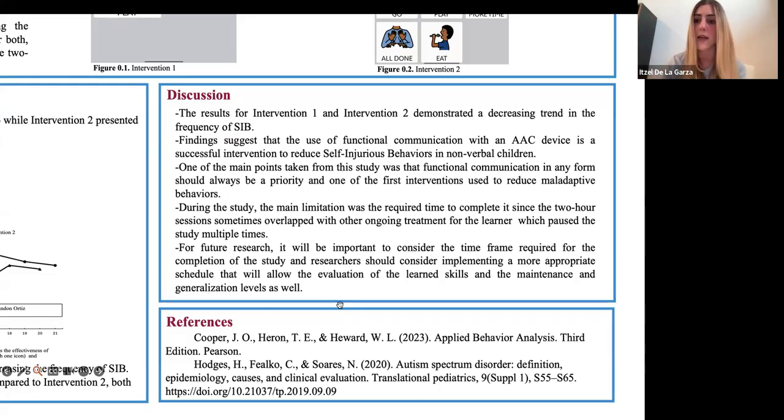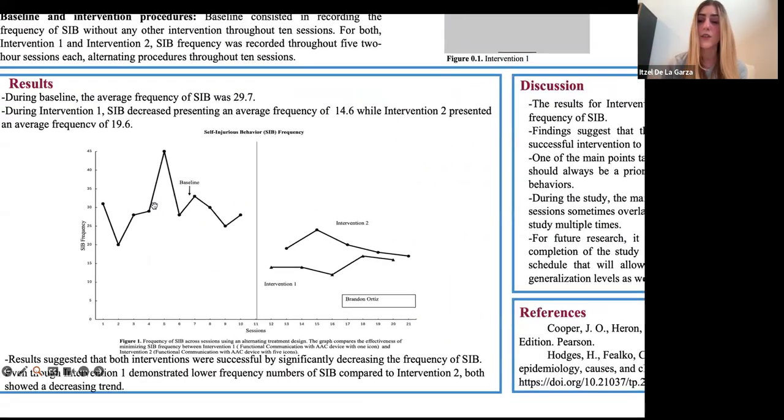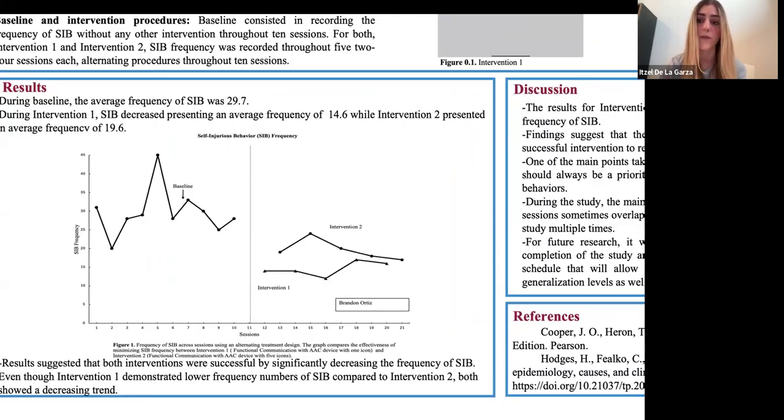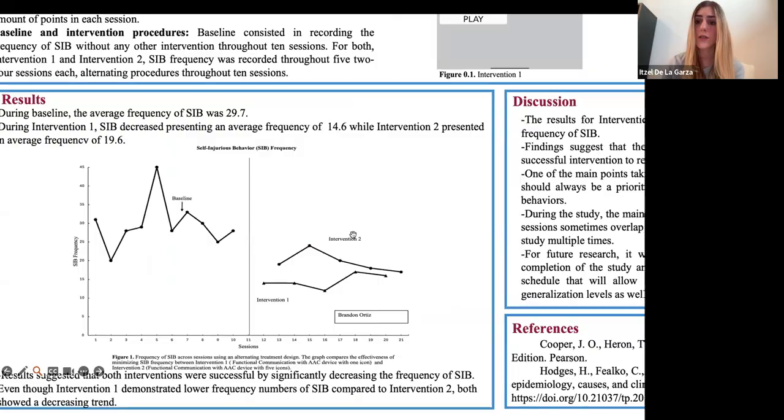So yeah, the timing mostly, and just to consider for self-injurious behaviors or any other behavior that would be really dangerous towards themselves or someone else. It is important to choose a design that would not take baseline more than once.